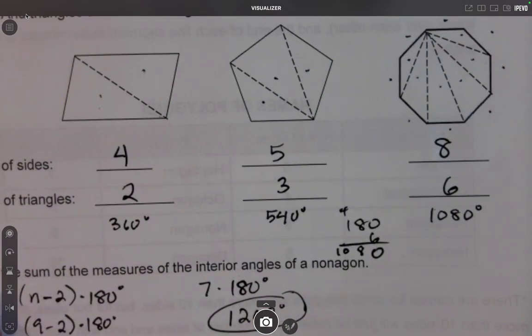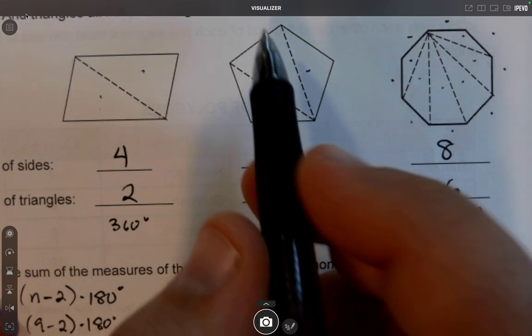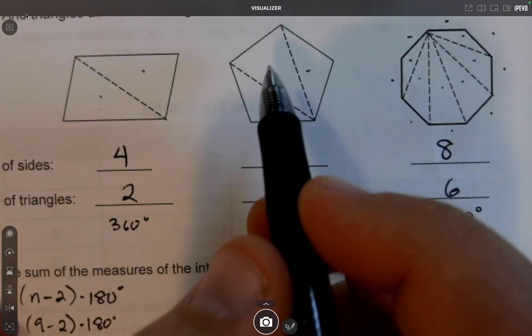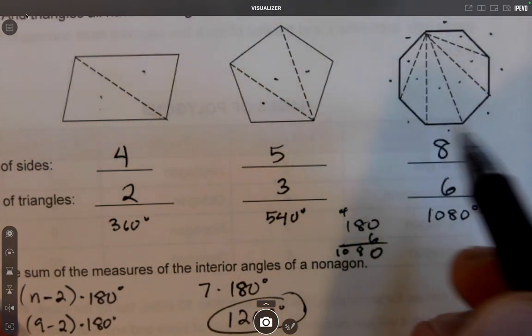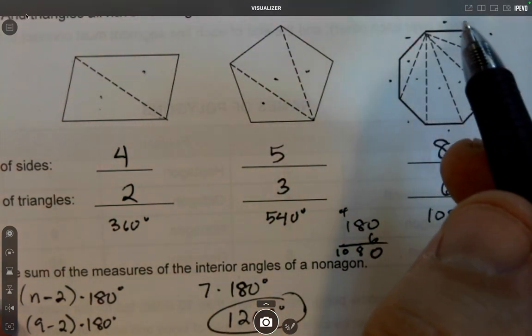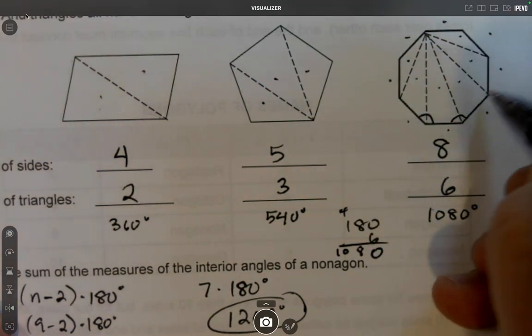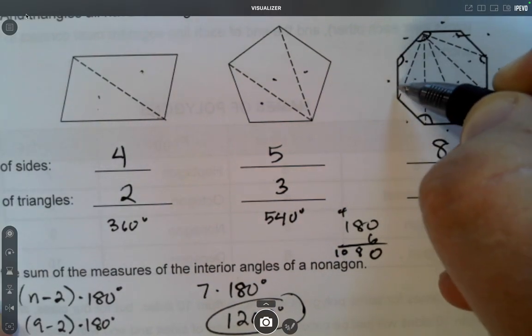So I believe what I have drawn up here would be a regular pentagon. It looks like all the sides are equal, all the angles are equal. You need to ignore the dotted lines, just focus on the whole shape. This is also a regular octagon, has 8 congruent sides, and if you're looking at the actual angles of the octagon, not the angles of the triangle, they're all equal as well.